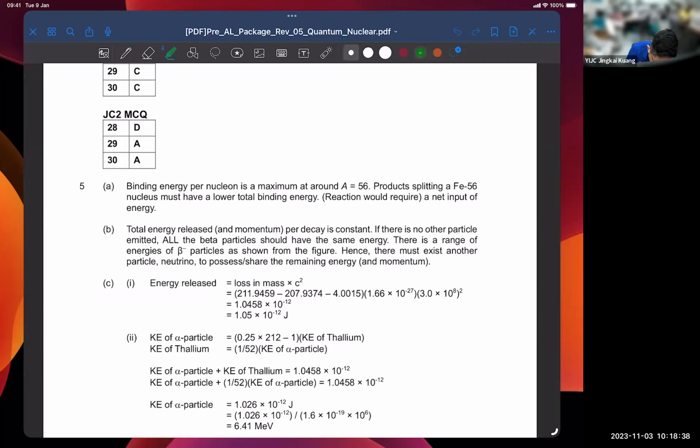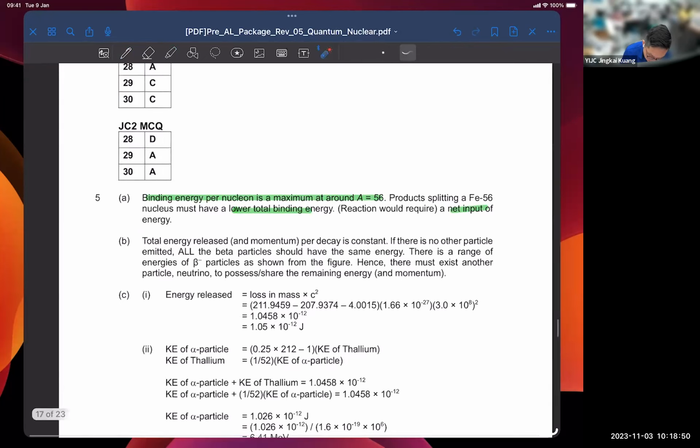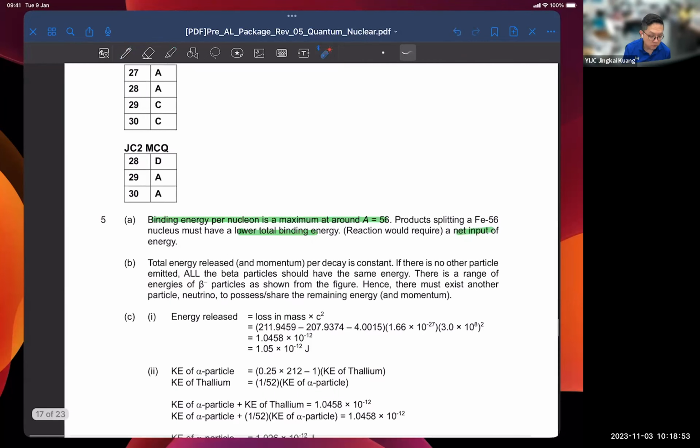So I would say one marking point is this one. This is the second marking point here, and there's an input. The last one here is your conclusion.